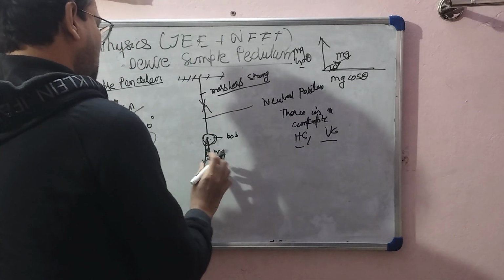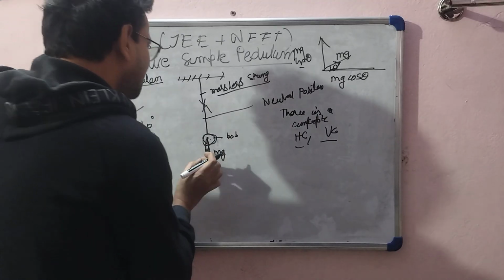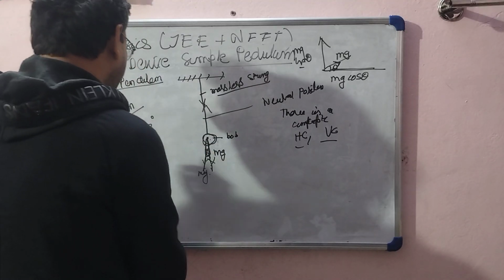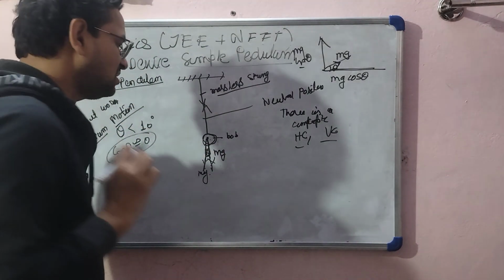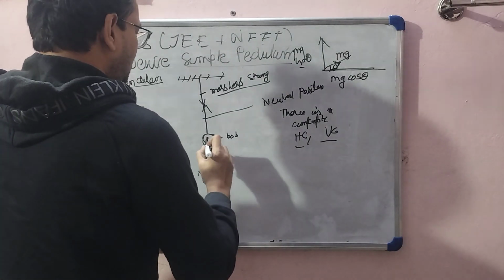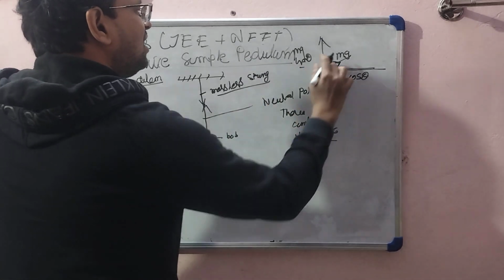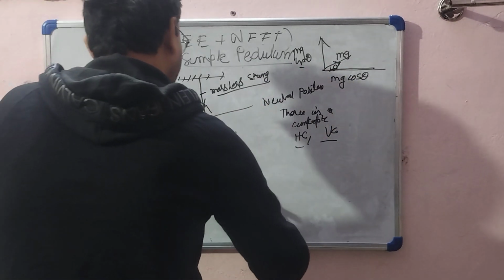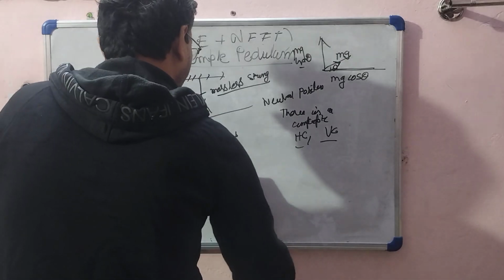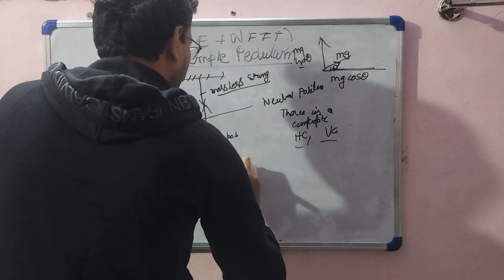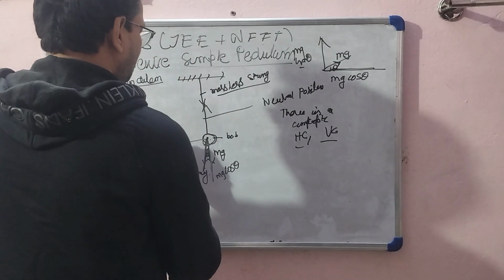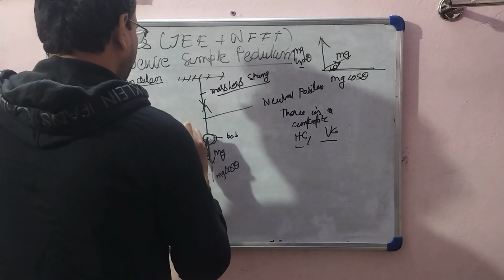But if the bob is slightly displaced by a minute angle, this is mg, and at that point, if there is theta, then that is mg cos theta, and that is mg sin theta.